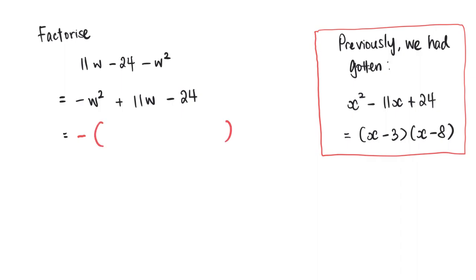and I will have my positive w squared, negative 11w, positive 24, which does look quite similar to x squared minus 11x plus 24. Yes, and therefore I could make use of this result that we have previously gotten here.